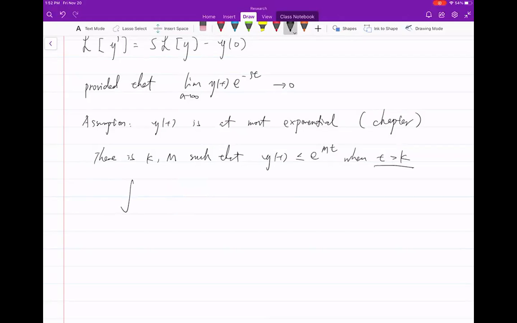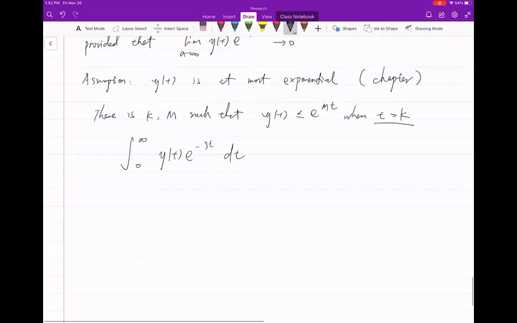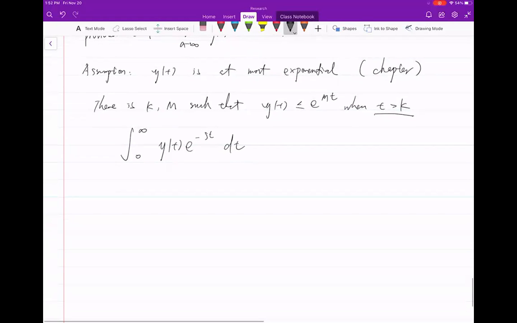Sounds good? Okay. Second, what do you mean by t bigger than or equal to k? That just means, you feel free to behave any weird way. You can be e to the t square, which is way faster than e to the t exponential, as long as you only behave like this for t less than or equal to 10. And after 10 or after 20, you start to behave like at the most exponential.